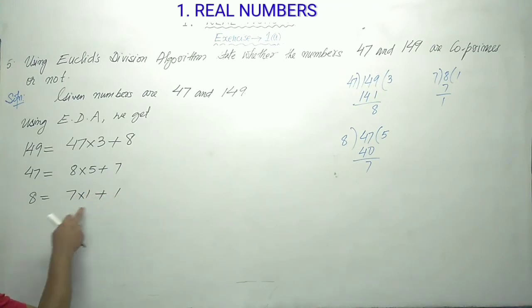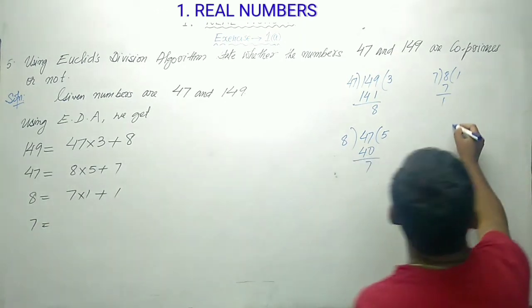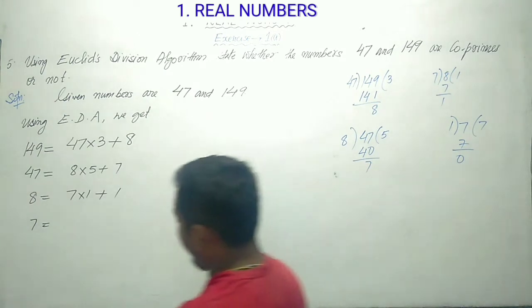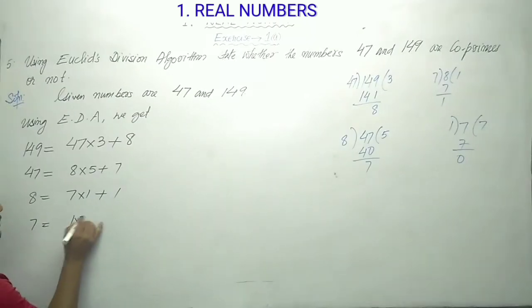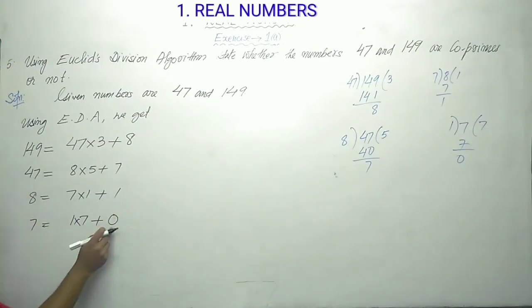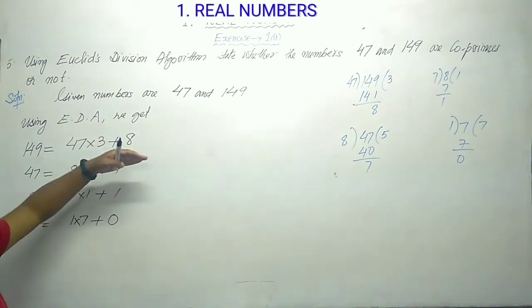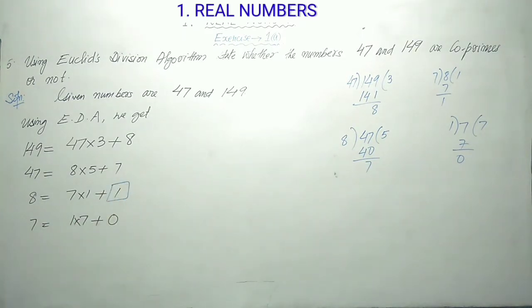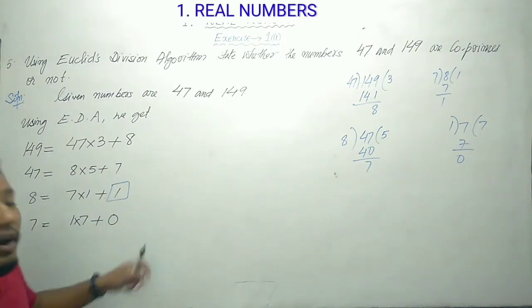Still the remainder is not 0. Now divide 7 by 1. 1 7s are 7. Now the remainder is 0. So you write down 1 into 7 plus 0. Now the remainder is 0, and if the remainder is 0, check the number which is ahead of 0. That is 1. So HCF is 1.